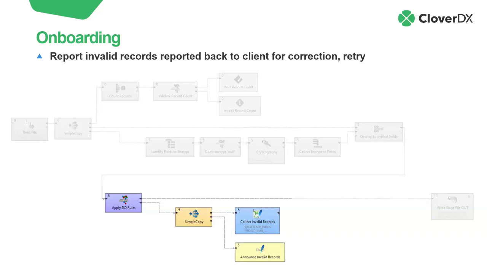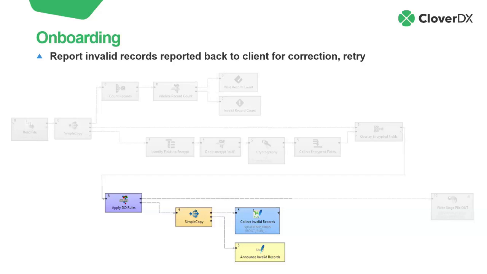Records that fail data quality are logged along with the reason they're rejected. The fact that we found invalid records at all is registered with the main job orchestration. That's what's going on with this yellow component here. But then more importantly, we're creating a human readable file of the records that were rejected and why they were rejected.